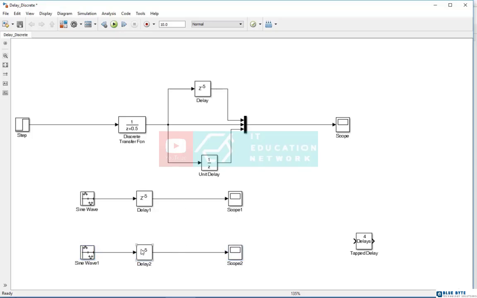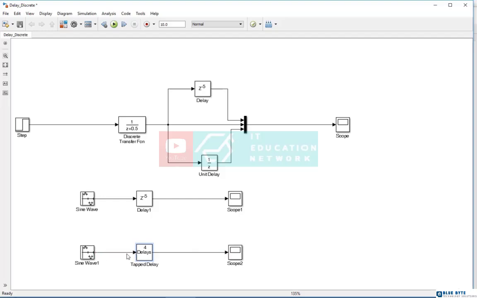If you remember, we had number of delays in the delay block. For example, if we entered 5 there, the block faced a delay of 5 units. But here, in addition to doing that, each delay is displayed in a scope separately.